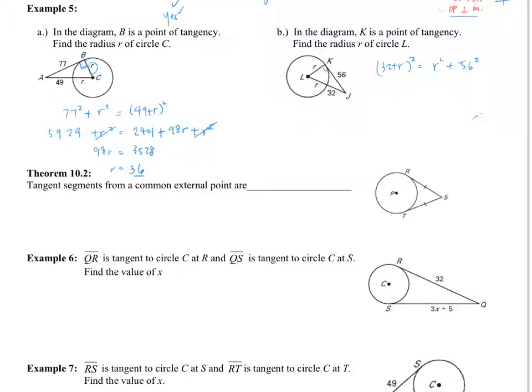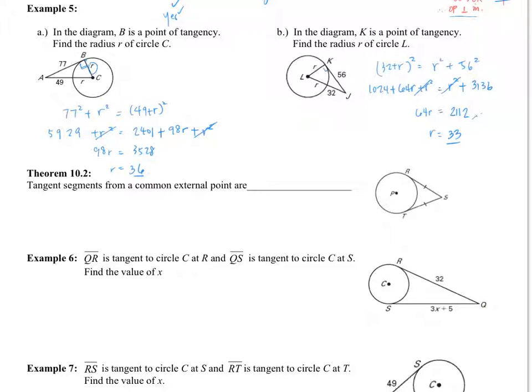So 32 squared gives you 1024, plus 64R, and then plus R squared, and R squared plus 56 squared is 3136. Cancel out the R squared, and then for the next step, I can write 64R equals 2112, and then R should be 33.